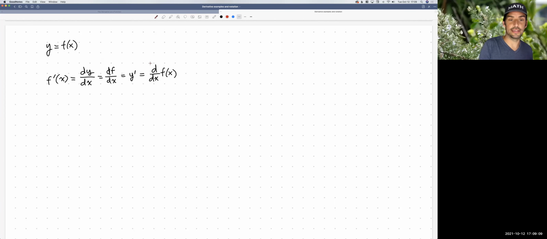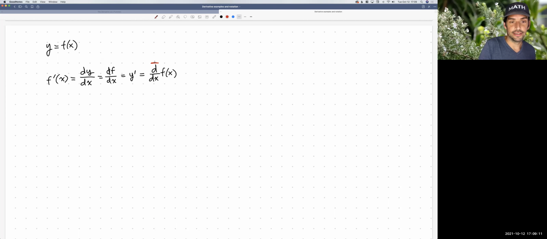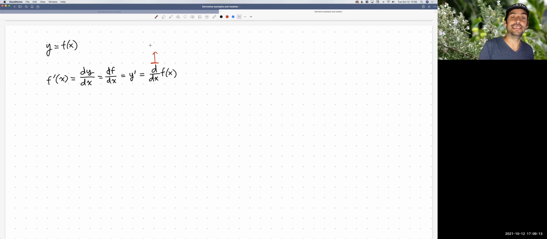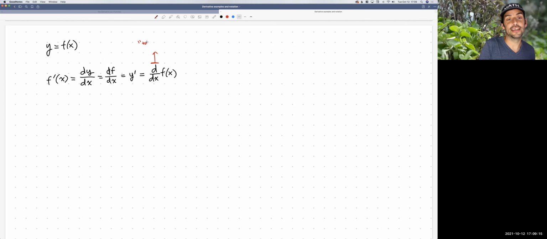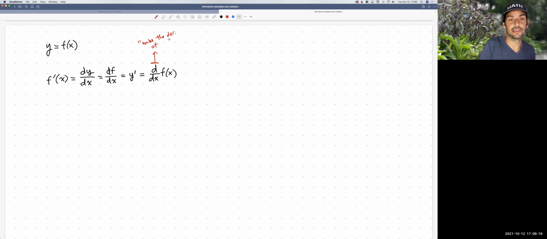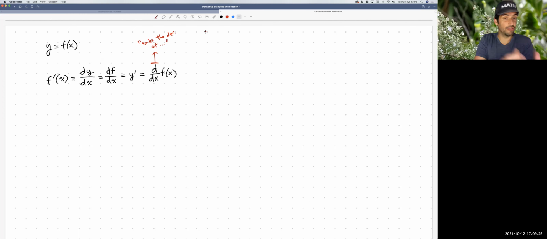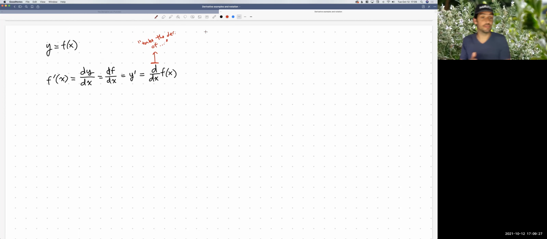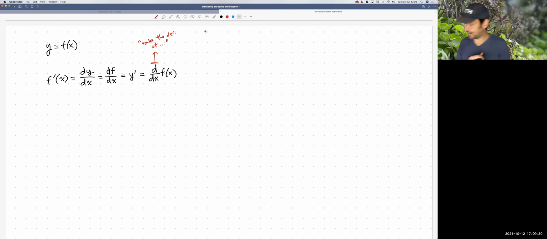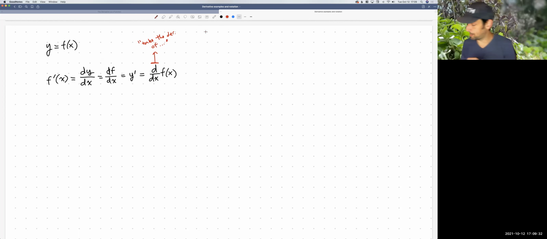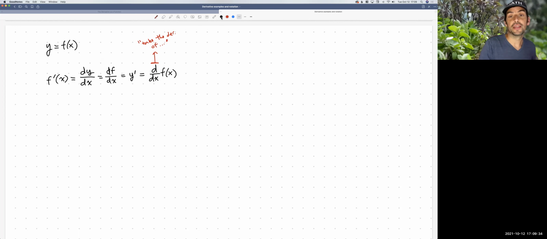This one I think of a little bit like an action. D dx says take the derivative of whatever follows. So d dx is saying take the derivative of f. So when we take the derivative of f, we get f prime, the derivative of f, right? All of these notations are pretty commonly used.